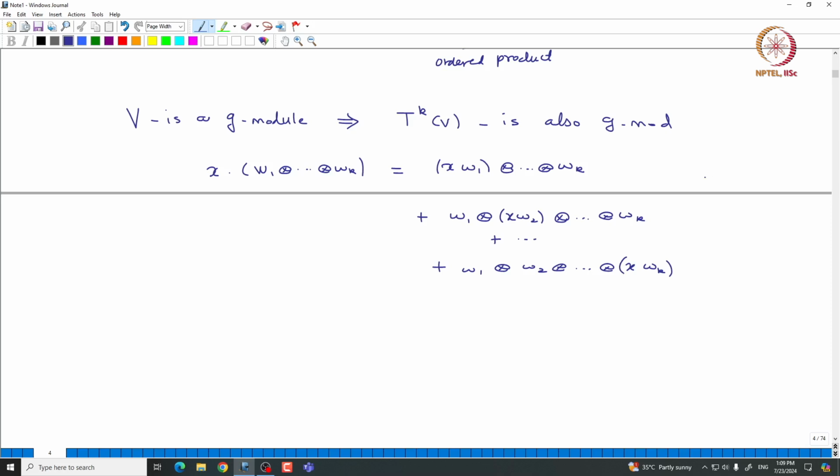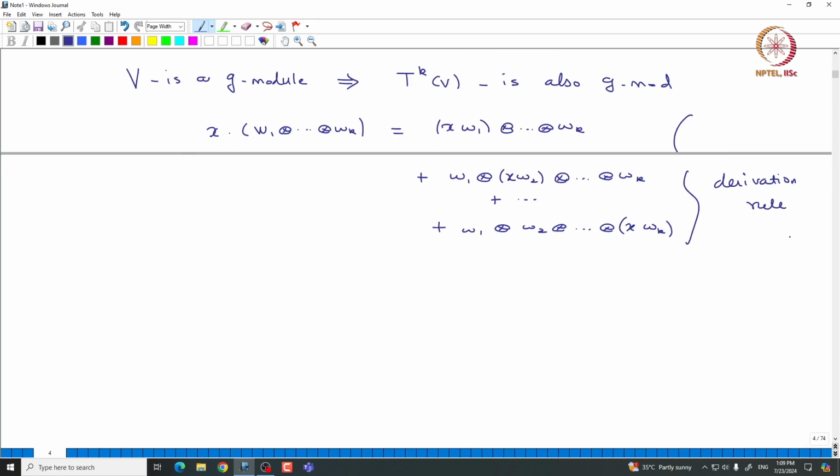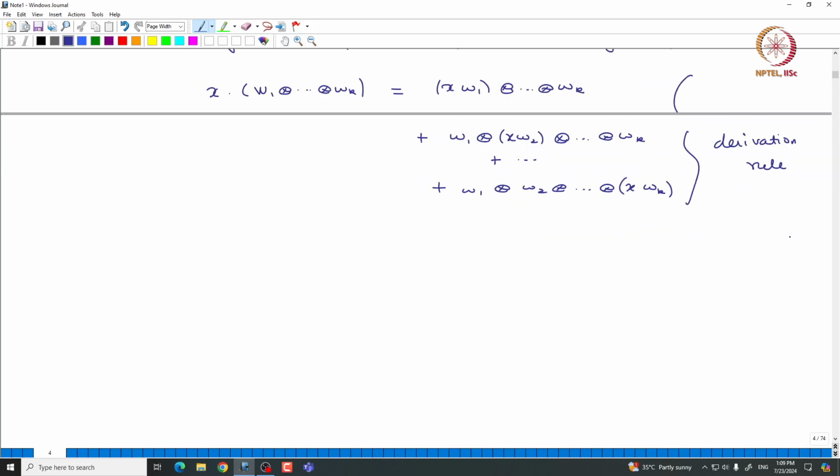So, this is just by the derivation rule. So, that makes Tk of V a G module. So, that means T of V, because it is the direct sum of Tk of V, is also a G module. Okay. So, we have many interesting representations coming from this T of V.